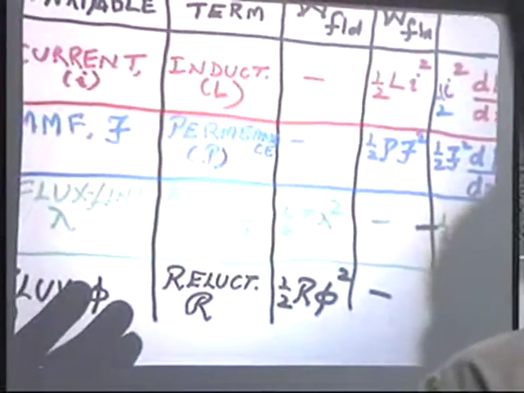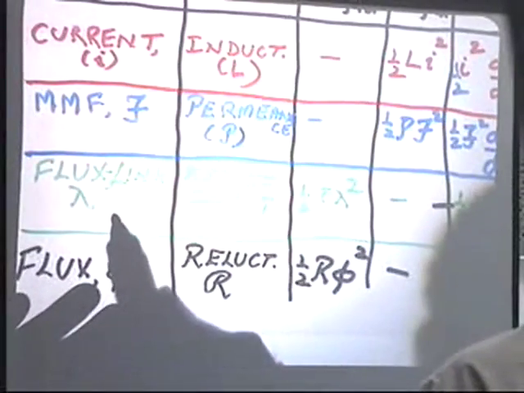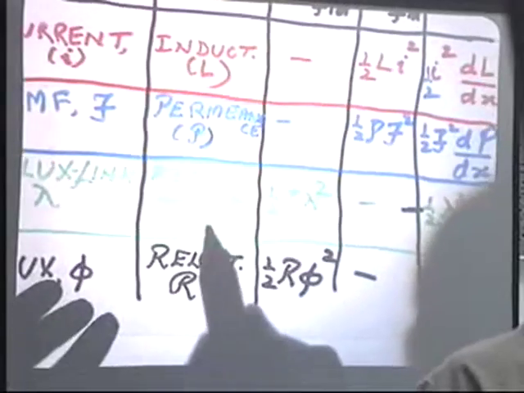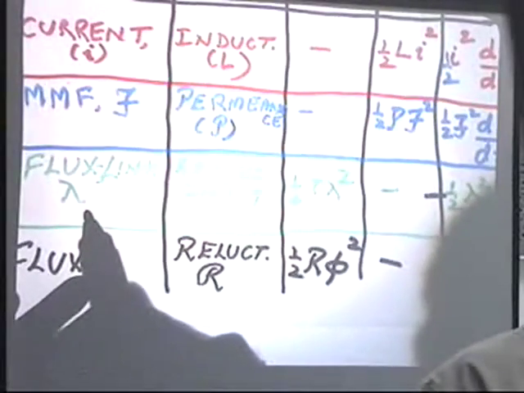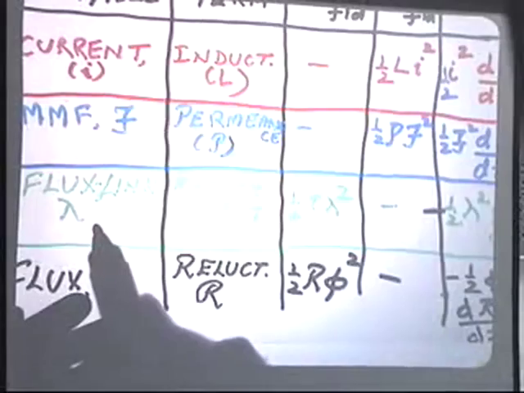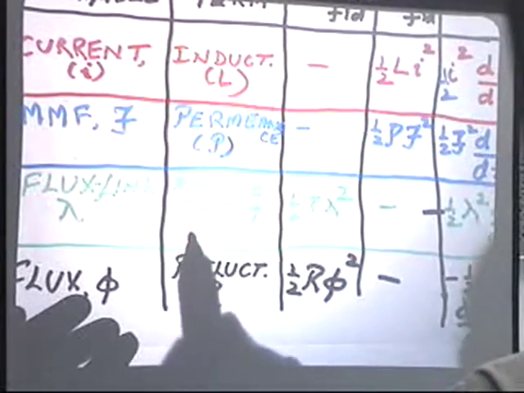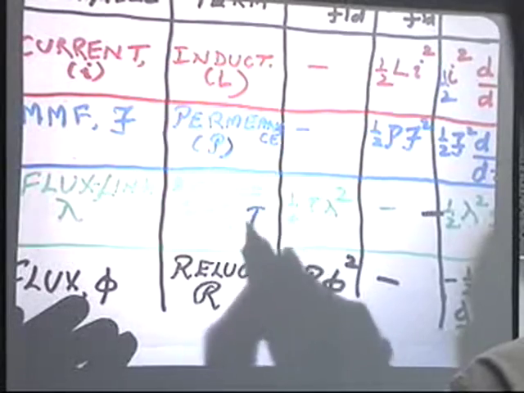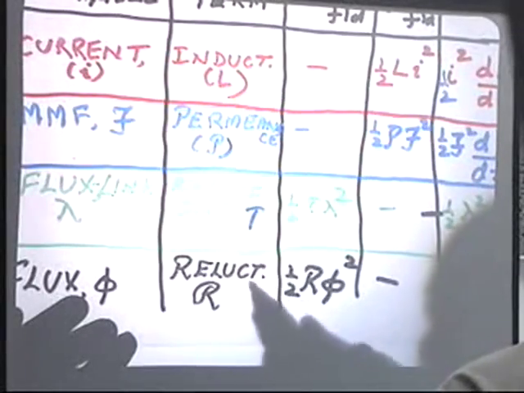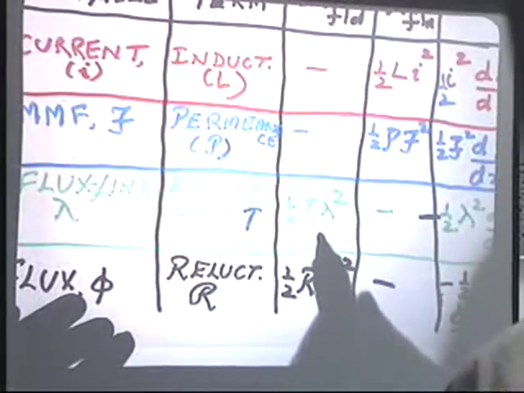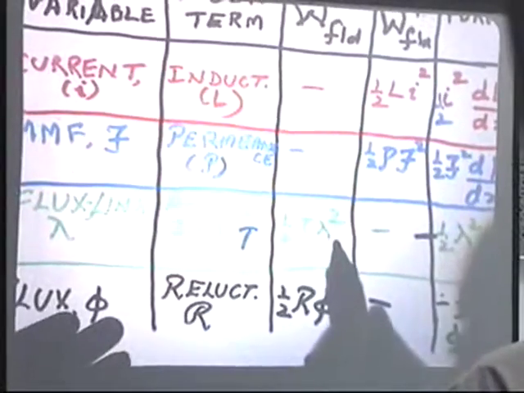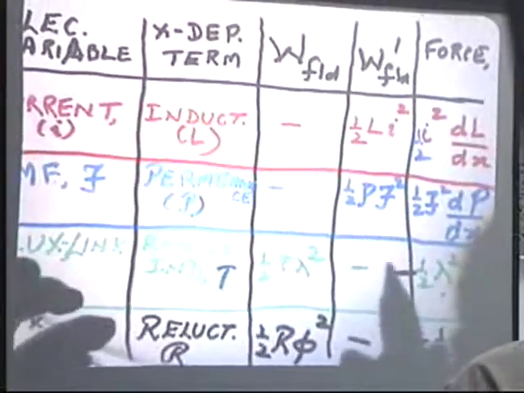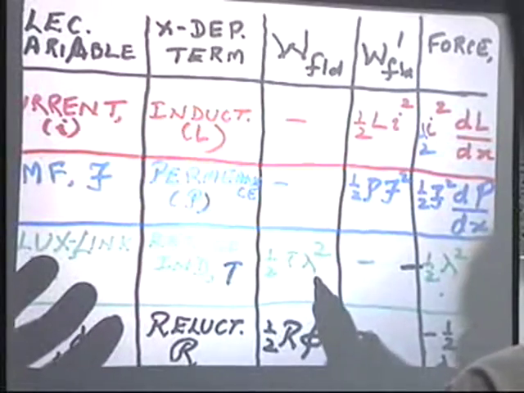So you get the expression for force in a singly excited system. Okay, then you have flux linkage lambda as the electrical variable, and you have the reciprocal of inductance as tau, and half of tau lambda square, isn't it? So that will not be W field dash, it will be W field because you are representing in terms of lambda.